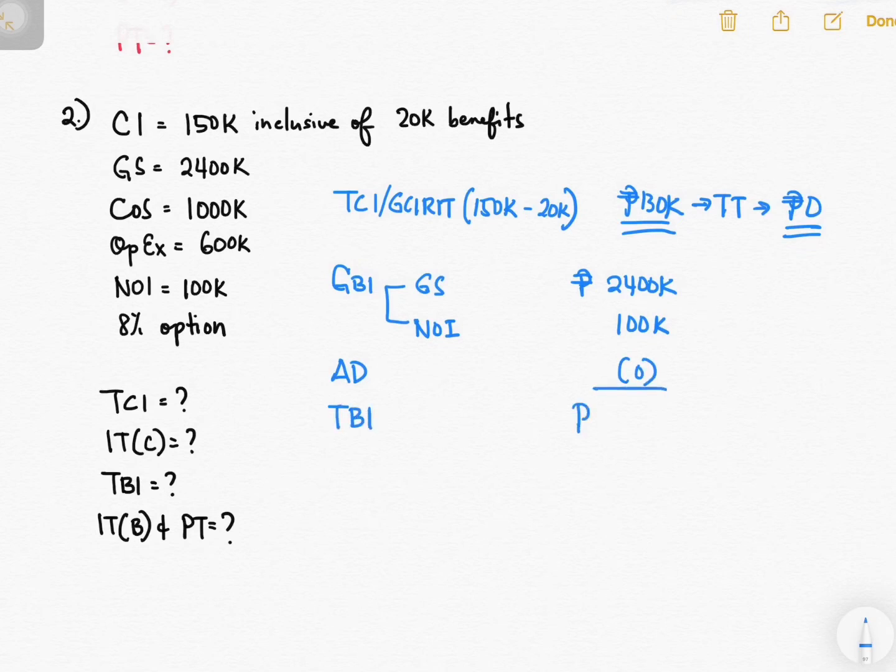Taxable business income is 2.5 million. Multiply this by 8% to get your payment for both income tax business and percentage tax. So that's it, no? Hopefully this is clear.